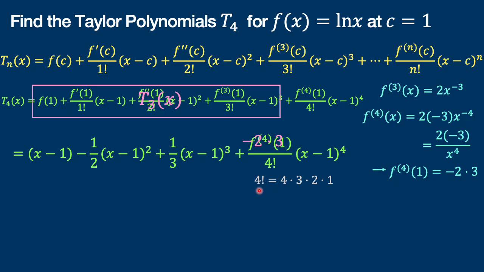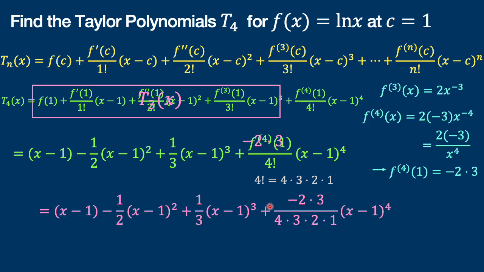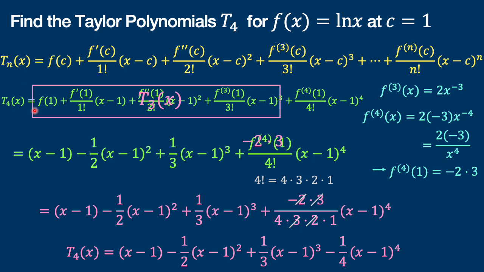Then 4 factorial means 4 times 3 times 2 times 1. Then we simplify. 2 cancels out, 3 cancels out. Now you have negative 1 over 4. So the degree 4 Taylor polynomial is going to be x minus 1 minus 1 and a half (x minus 1) squared plus 1/3 (x minus 1) cubed minus 1 over 4 (x minus 1) to the 4th power.